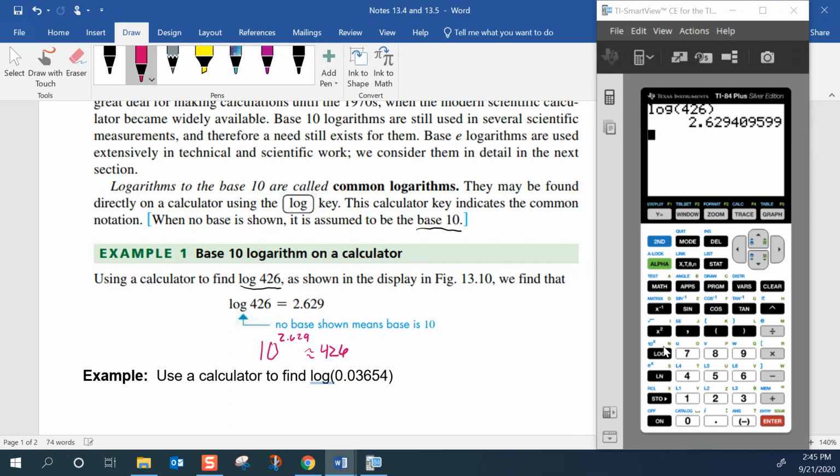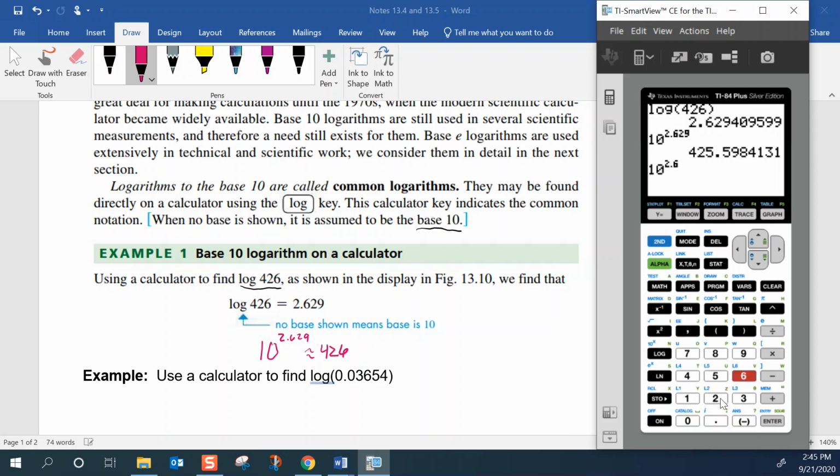Notice above the log key on mine, I have 10 to the power of x, or you can type in 10, the power key, 2.629, enter, and notice it's 425.59. That's not exactly 426.